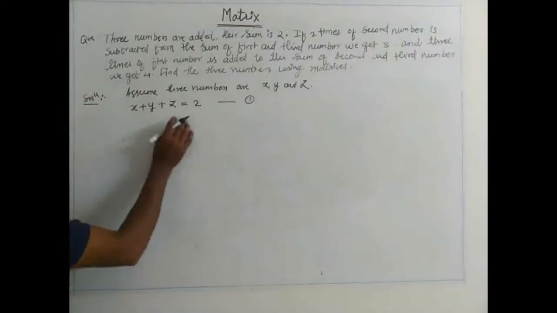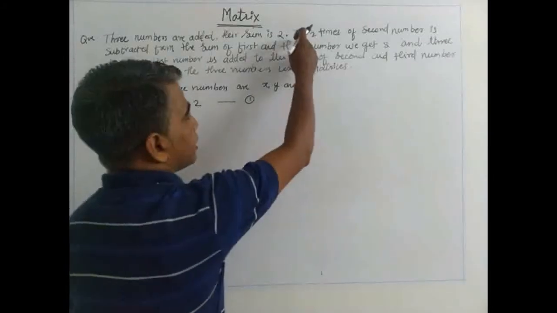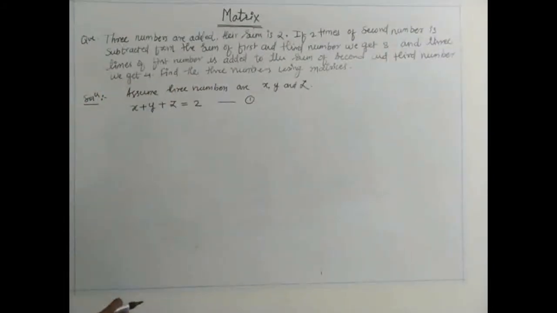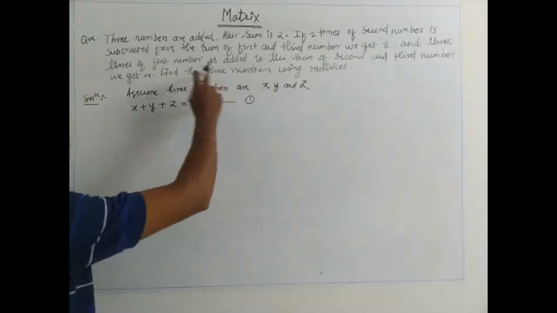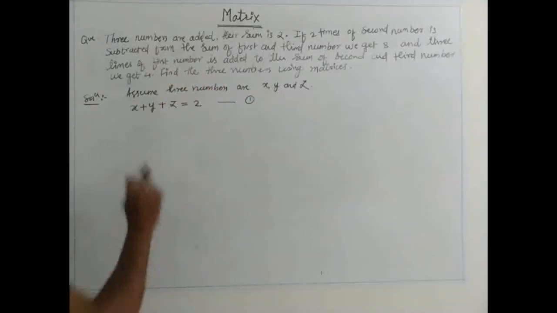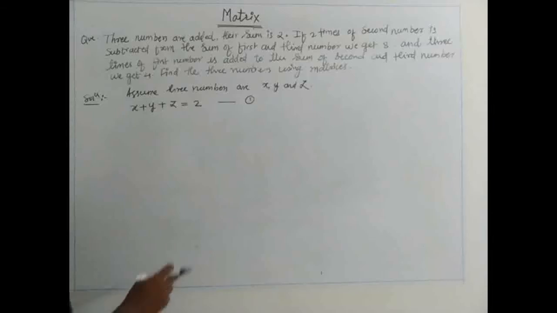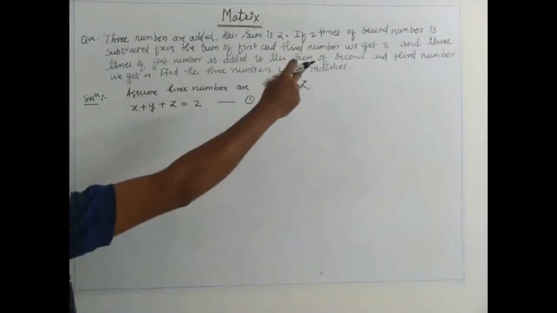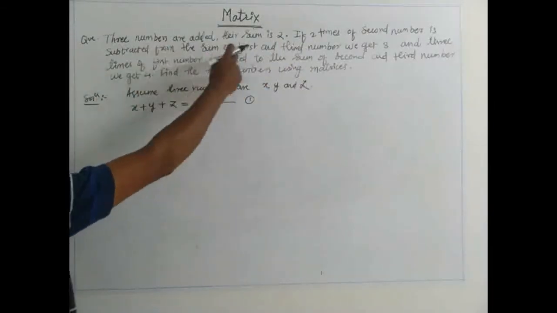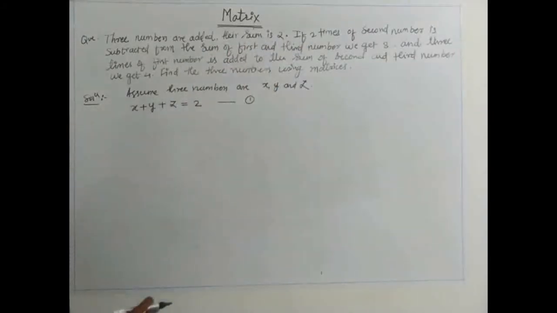Next, the equation by using the second condition: if 2 times the second number. Which is the second number here? y. So 2 times the second number means 2y. Now the value of 2y is subtracted. See what they said: the value of 2 times the second number is subtracted from the sum of first and third.